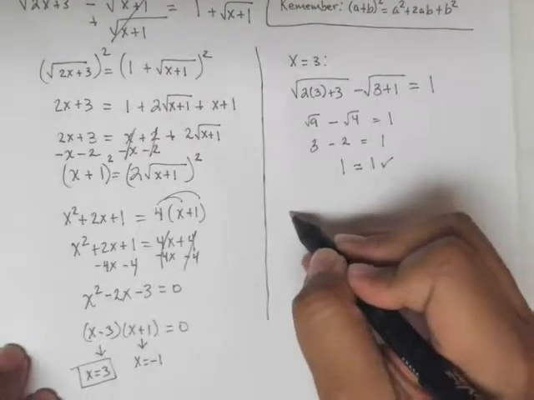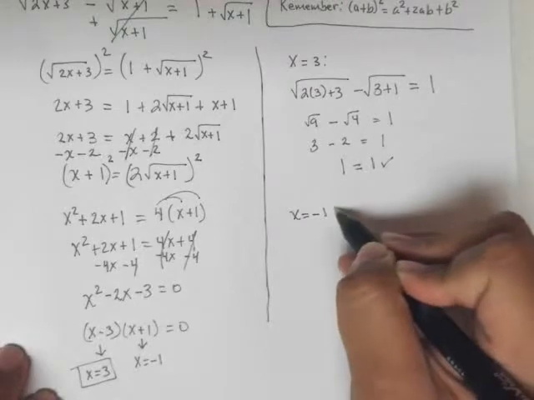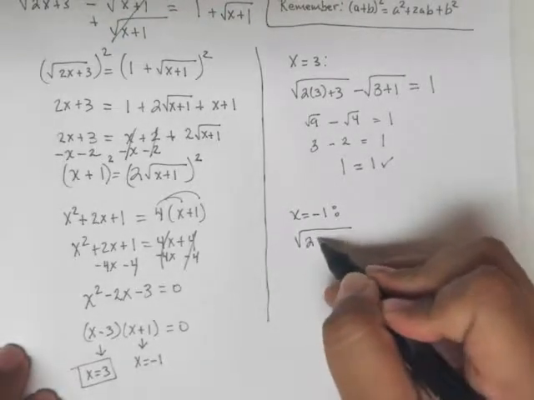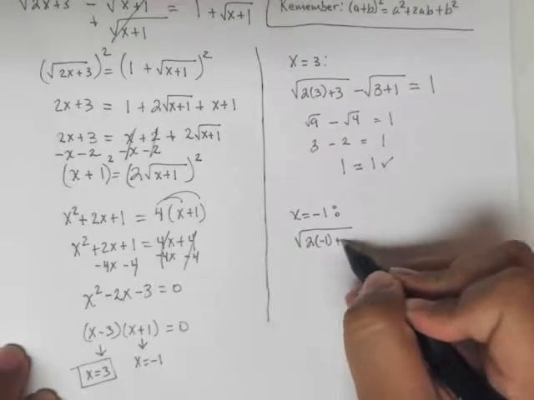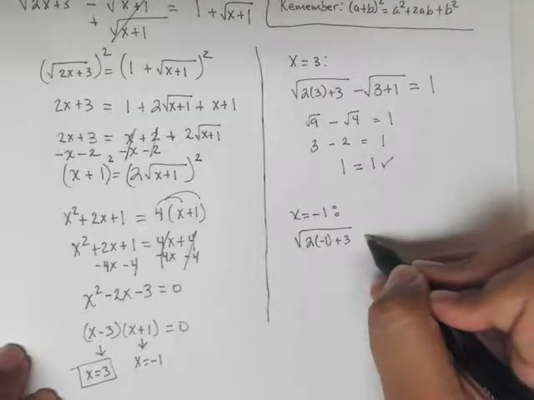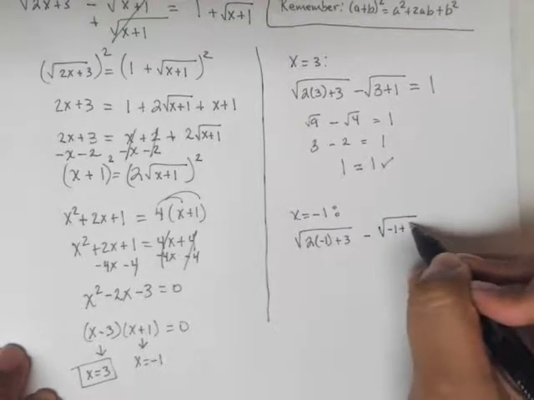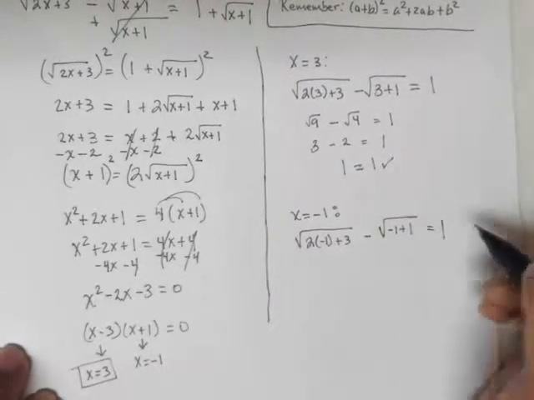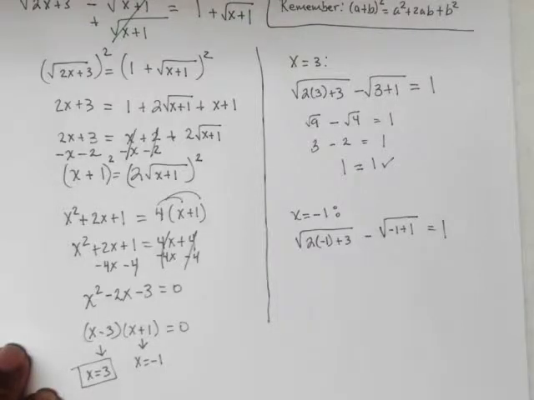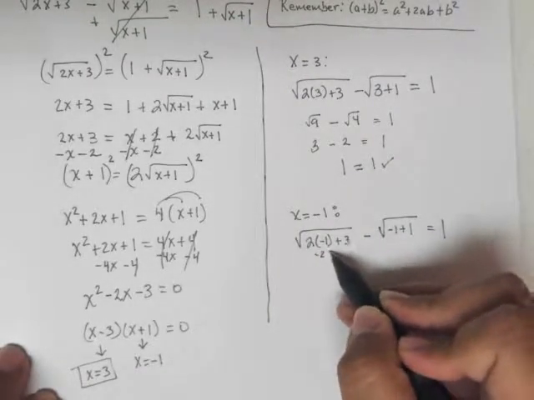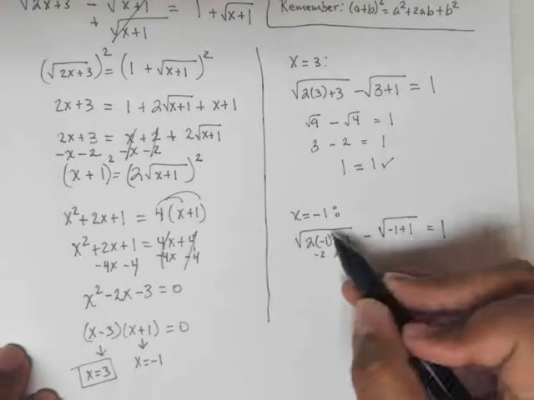Now let's check x equals -1. Square root of 2 times -1 plus 3 minus the square root of -1 plus 1 should equal 1. Okay, so what do we get here? 2 times -1 is -2, and -2 plus 3 is 1.